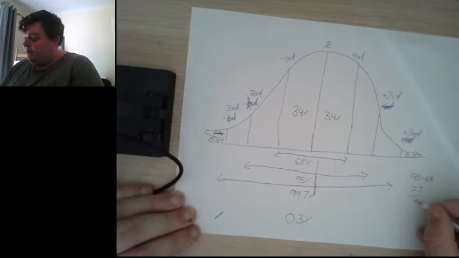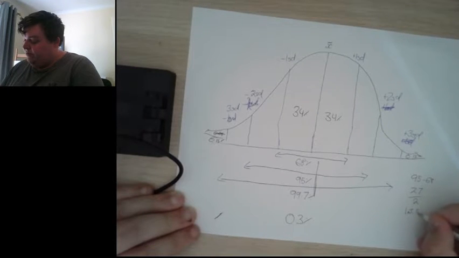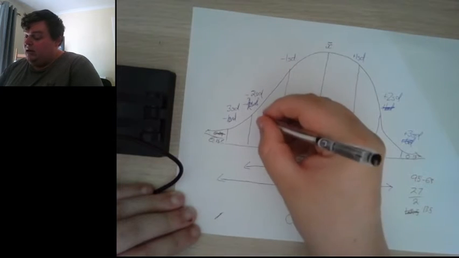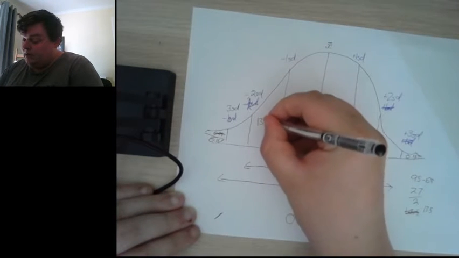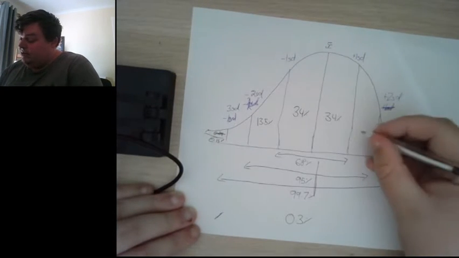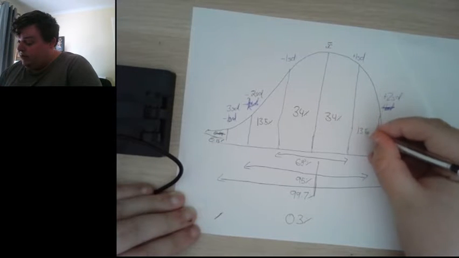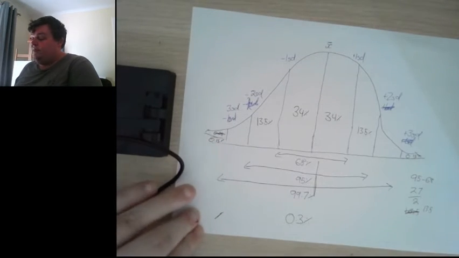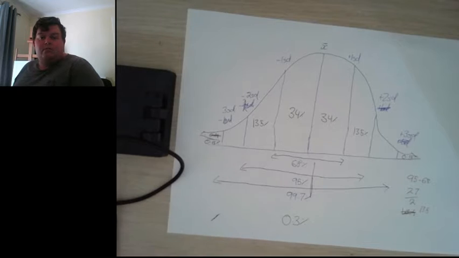So if I divide that by 2, I get 13.5. Let me rewrite that, 13.5% in each of these spots. Okay, so we've got that now.